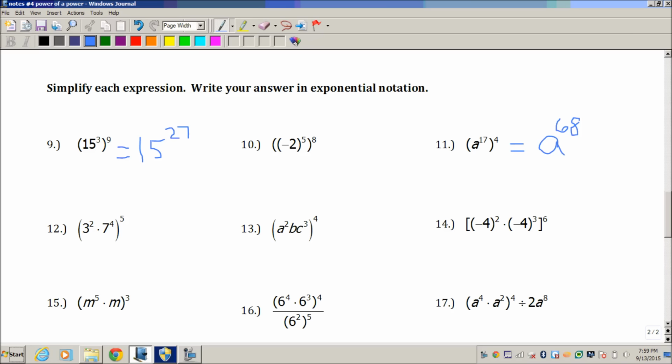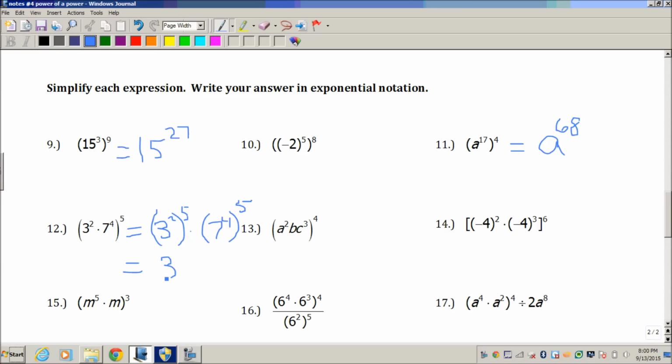So I'm going to rewrite this as 3 squared raised to the 5th power times 7 to the 4th raised to the 5th power. So we're going to raise each of those parts to the 5th power. Now this we know how to do. If we have 3 squared raised to the 5th power, a power raised to a power, we're going to multiply the exponents.